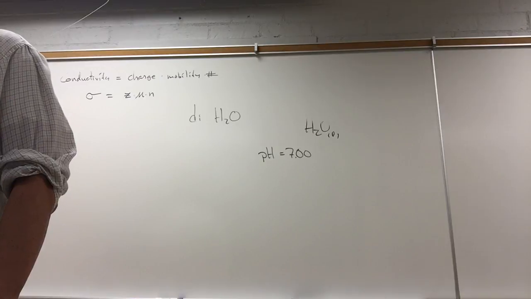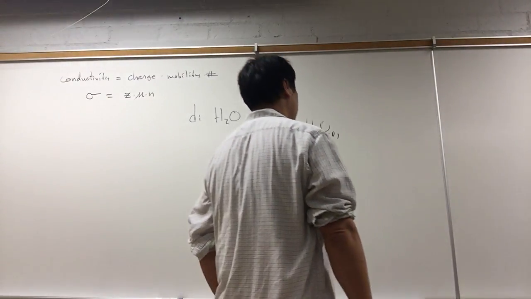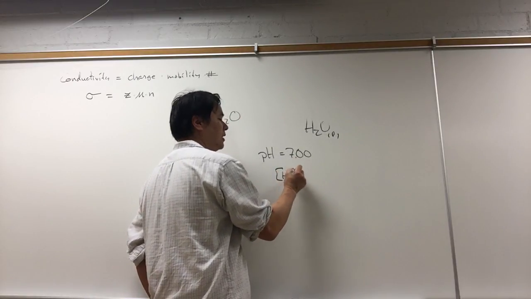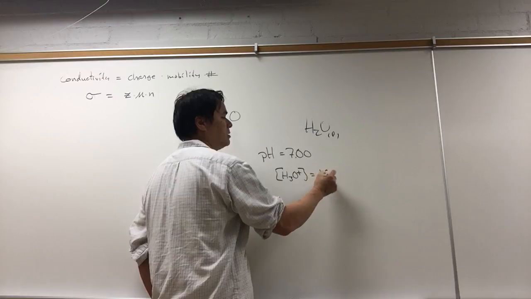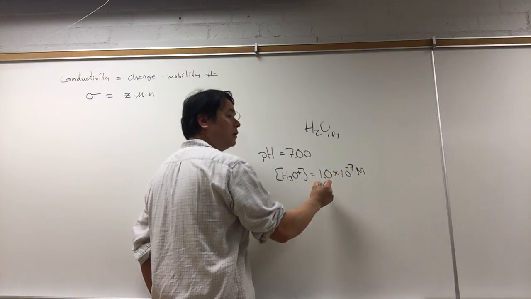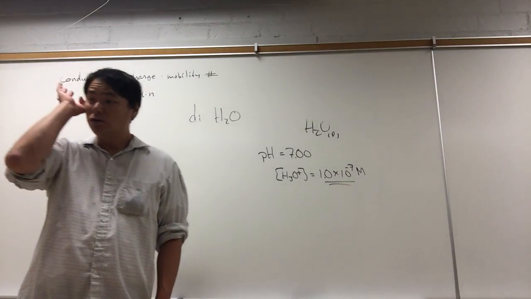Well, the pH means that there's a hydronium ion concentration. With a pH of 7.00, that means the hydronium ion concentration is equal to 1.0 times 10 to the minus 7 molar in pure water. Pure water is called neutral.